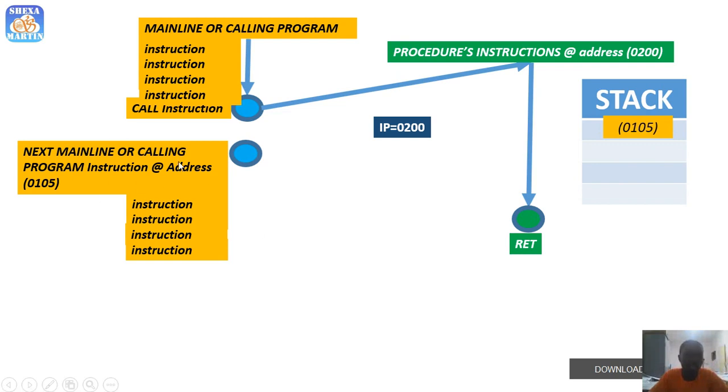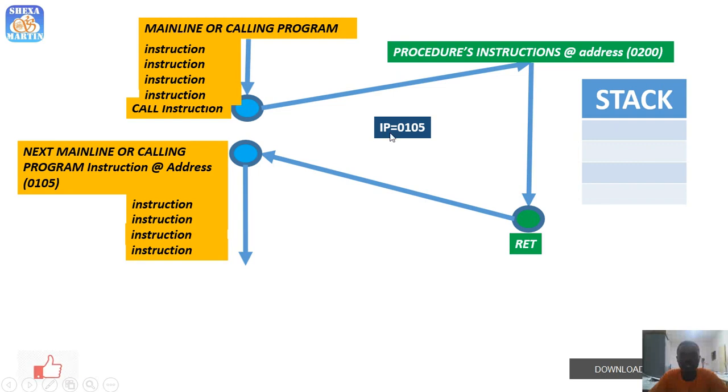That is the instruction just after the call instruction, to say after we've run this called procedure, we go back and start from this address. So you can see it going back to IP, and then it executes this and the other instructions following it.